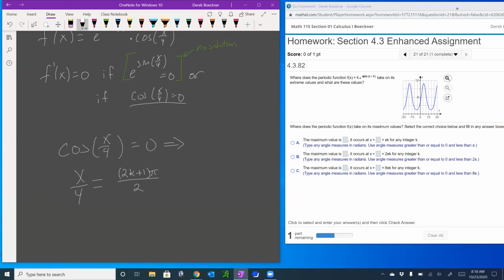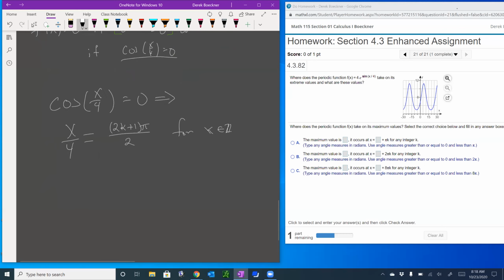And so that's for integer k. To figure out where x is, I'm just going to multiply by 4. Which is 4k plus 2, times pi.